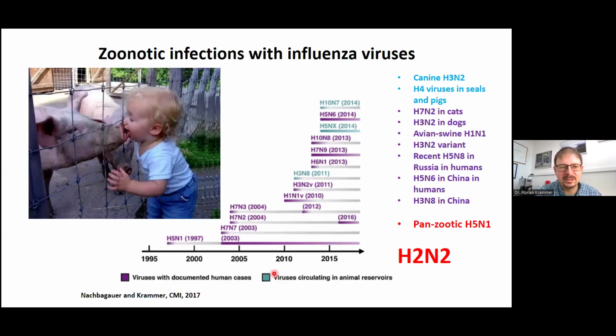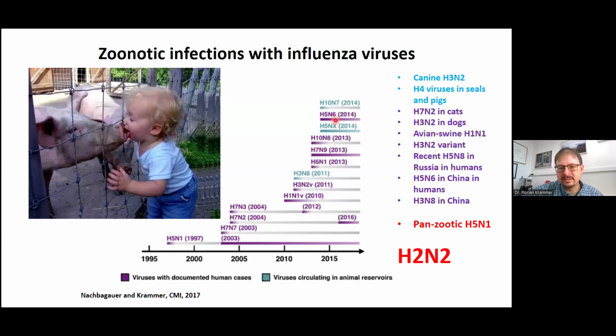You see this picture on the left here, this kid basically kissing a pig. This is there because we had situations in swine fairs, in agricultural fairs in the Midwest, where people were interacting with pigs that had swine influenza, and then people got infected with swine influenza that way.